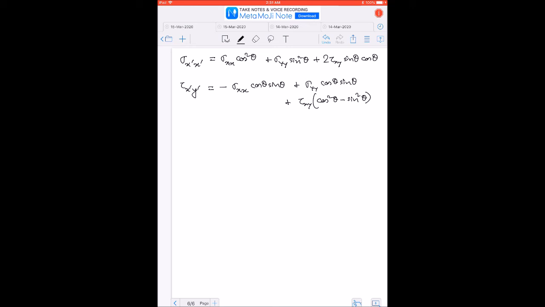All right, so what we can do is use the trigonometric identities which you are familiar with from our high school maths and rewrite the sigma x dash, so we are obtaining it from here.